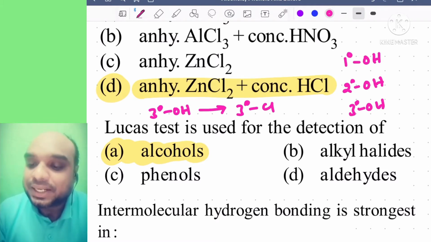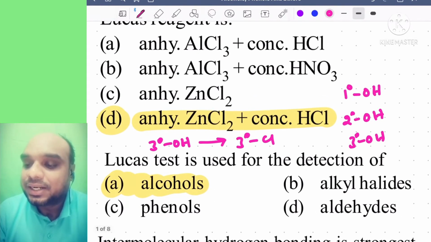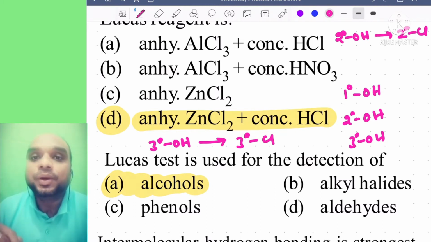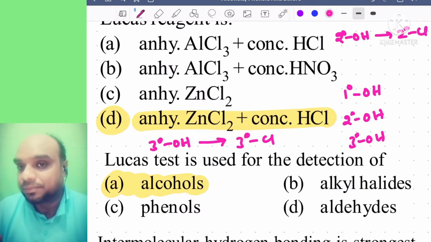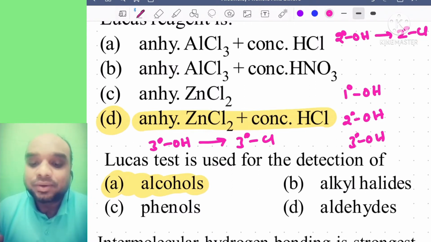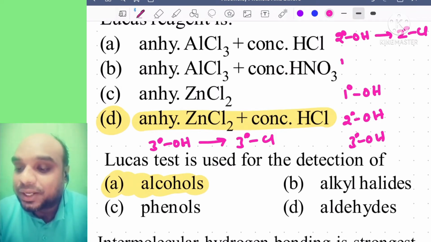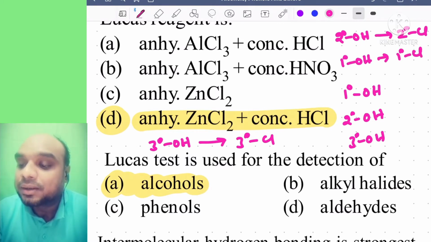If you take a secondary alcohol and it reacts with Lucas reagent, we will get secondary chloride, but not immediately. After 5 minutes we will get it. So tertiary gives immediately, secondary after 5 minutes, and primary also gives primary chloride, but only at high temperature.